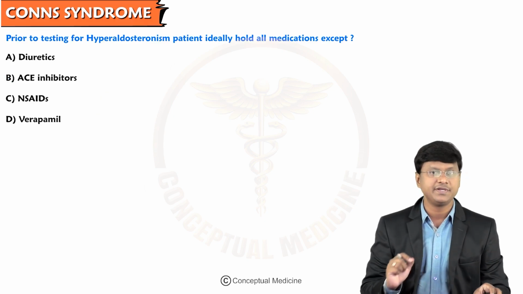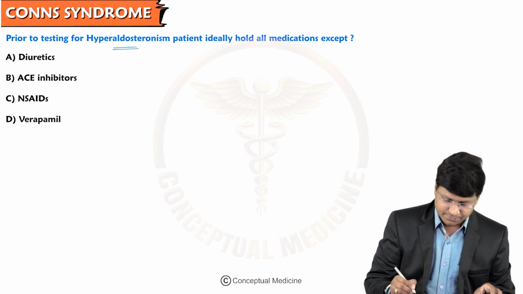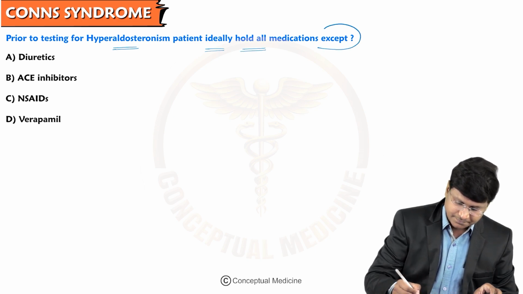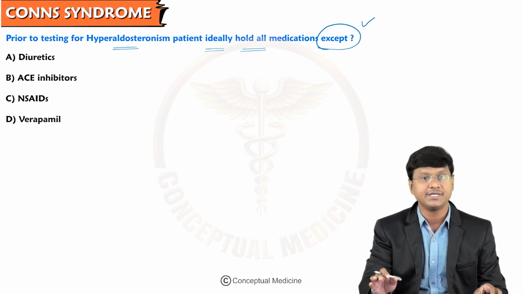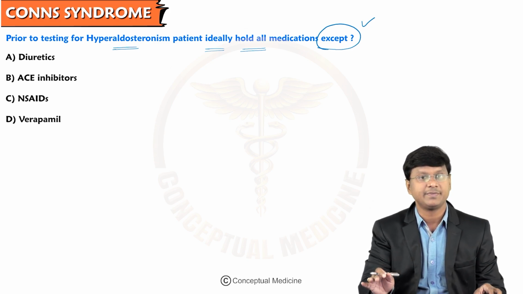Yes, you see another very, very important question. Prior to testing for hyperaldosteronism, patient ideally should hold all the medications. Right? Patients ideally should hold all the medications except diuretics, ACE inhibitors, NSAIDs, verapamil.